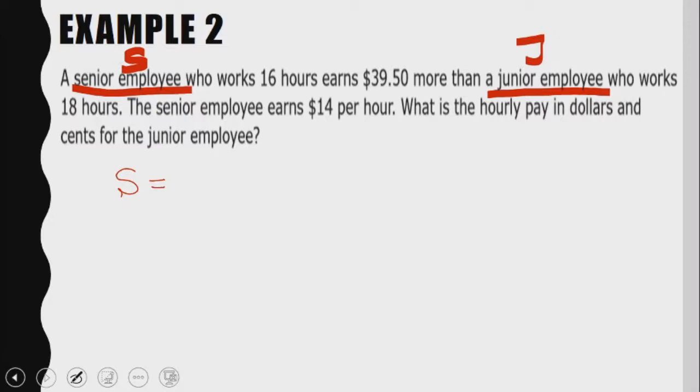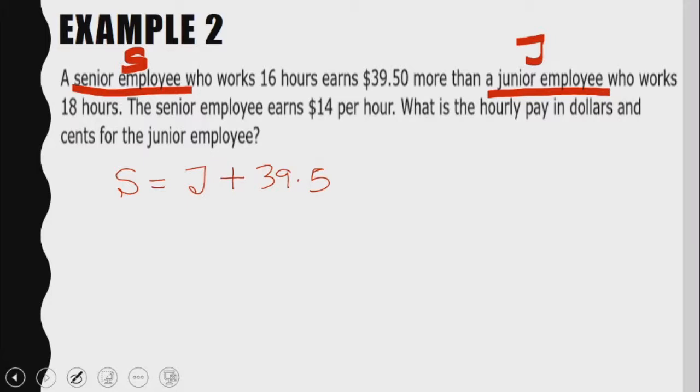So the senior employee salary will be J plus 39.5. So the junior employee salary, if you add $39.50 to it, that will tell you what the senior employee earns. But that's not all.